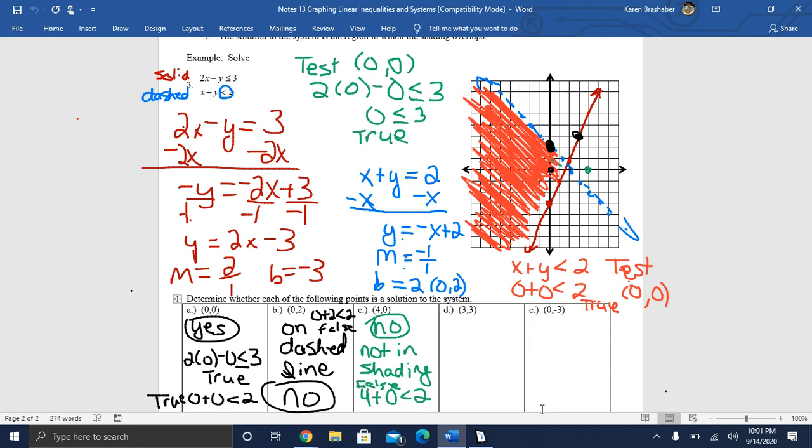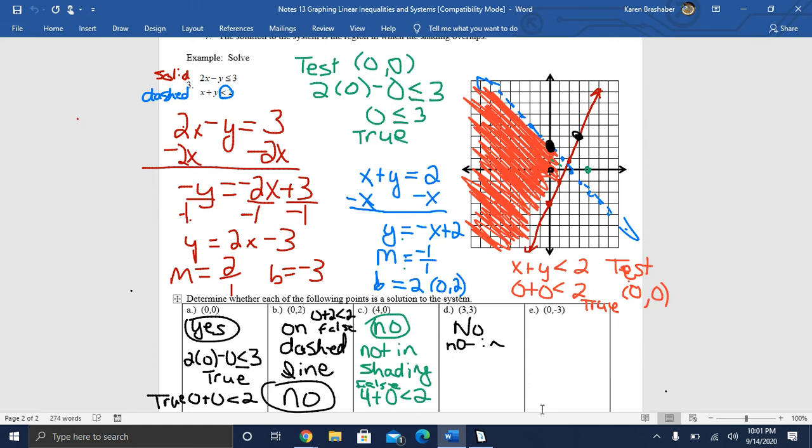It has to be in the shaded area, even if it's on that solid line. So this one also is no. It's not in the shading, and that could be a reason that you could give.